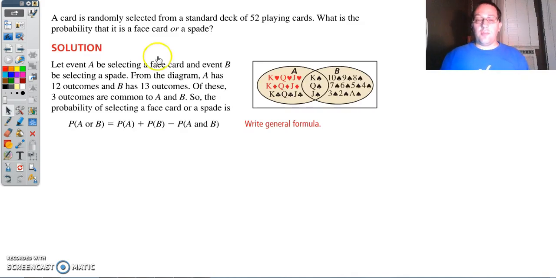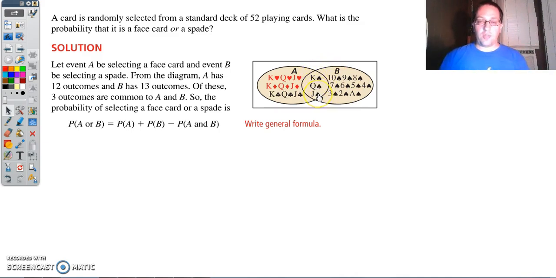Well, we still got those same 12 face cards, and we've got 13 spades, ace through king. But the problem with this, we can't just take 12 plus 13 is 25 cards, right? Because we have these 3 cards here that are being counted in both groups. So it's being double counted. We have to subtract one of those countings.